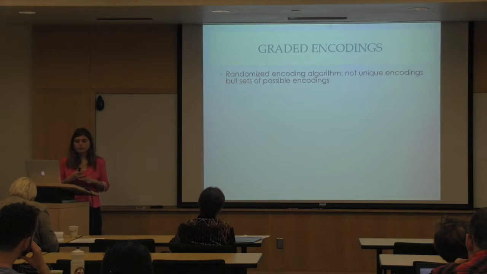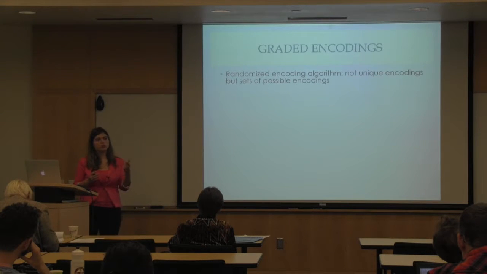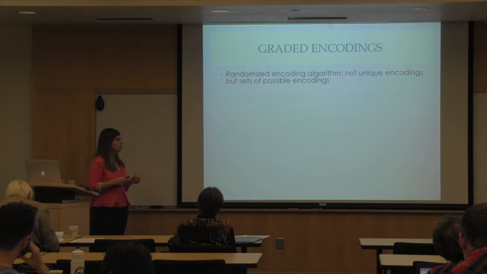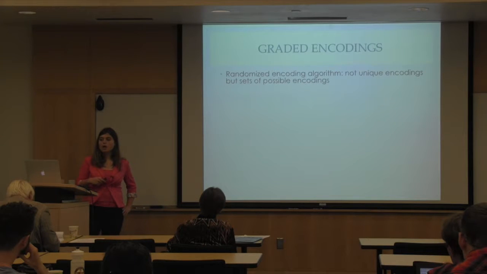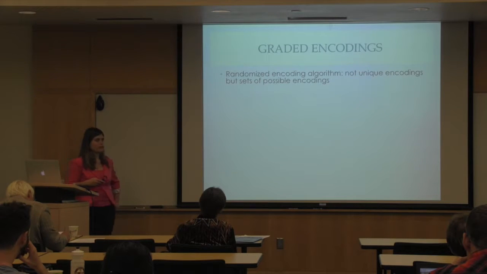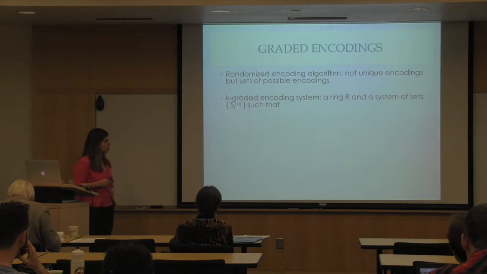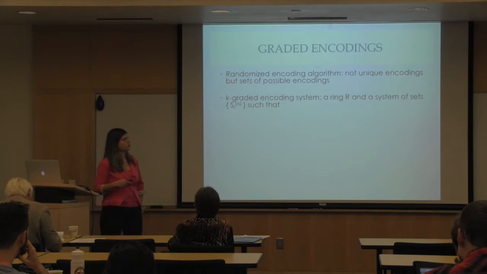The first difference is that the ideal definition for multilinear maps requires that the encoding is unique. Now the graded encoding allows encoding sets, so we will no longer have a unique encoding of an element, but actually a set of all possible encodings, and we will use this notion of sets to define what a graded encoding system is.